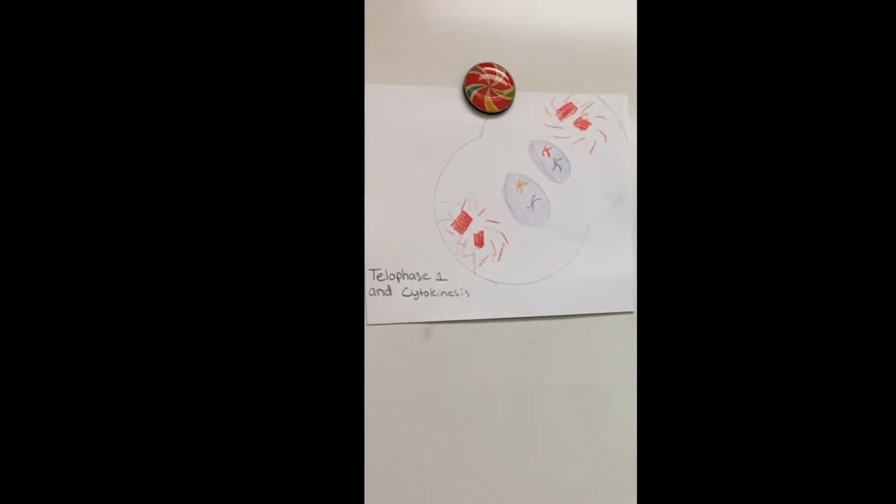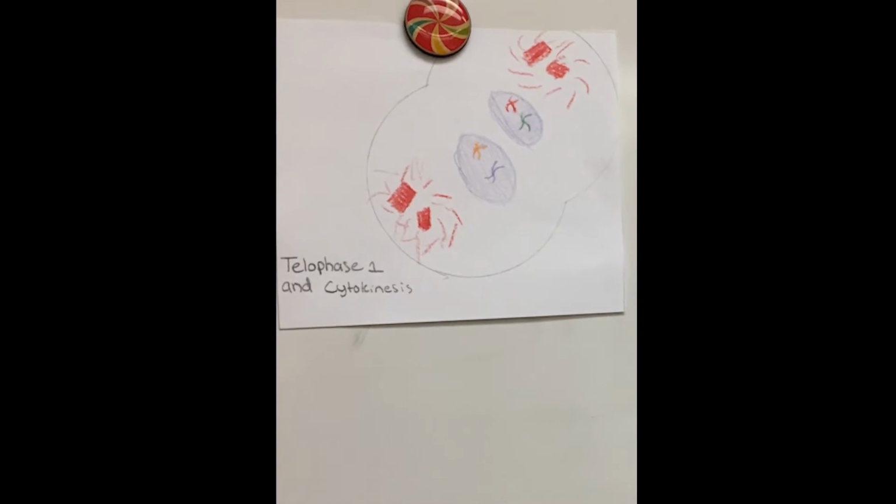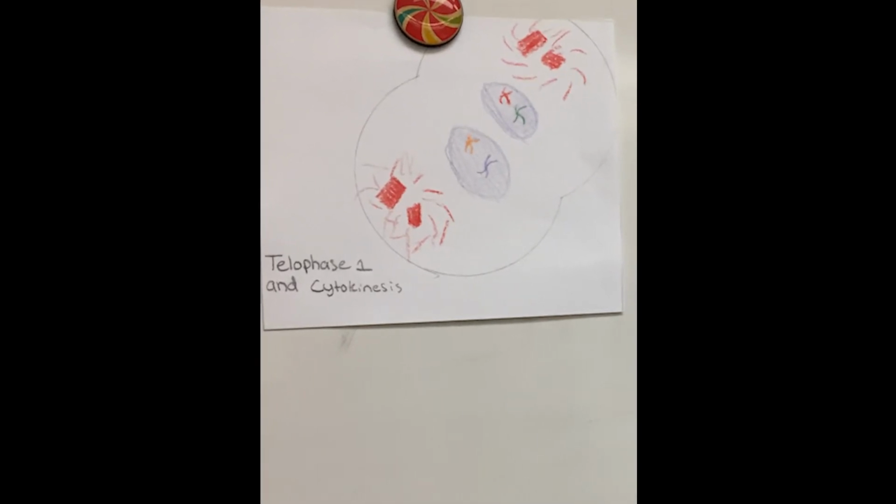We are now moving on to the last part of meiosis 1, and that is the telophase and cytokinesis. These are two nuclear membranes that form and separate into two cells. During telophase, the chromosomes begin to uncoil and form chromatin. This prepares the genetic material for directing the metabolic activities of the new cells.